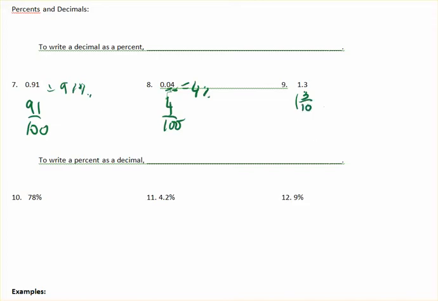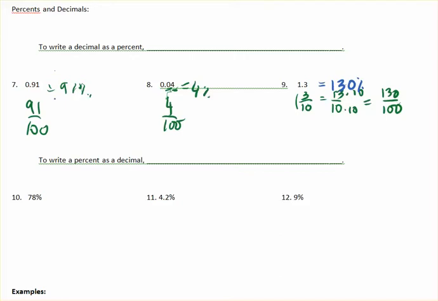Which then, if we make that into an improper fraction, is 13 over 10. And then if we multiply it by 10, it's 130 over 100. Remember, I want to try to get that denominator to be 100 because that's a percent. So then as a percent, I have 130%.